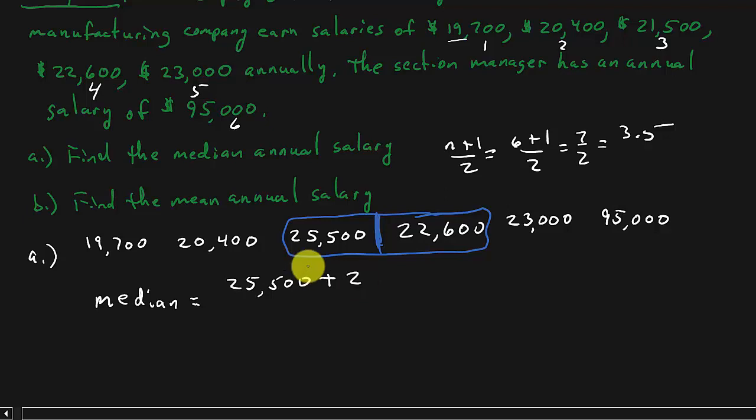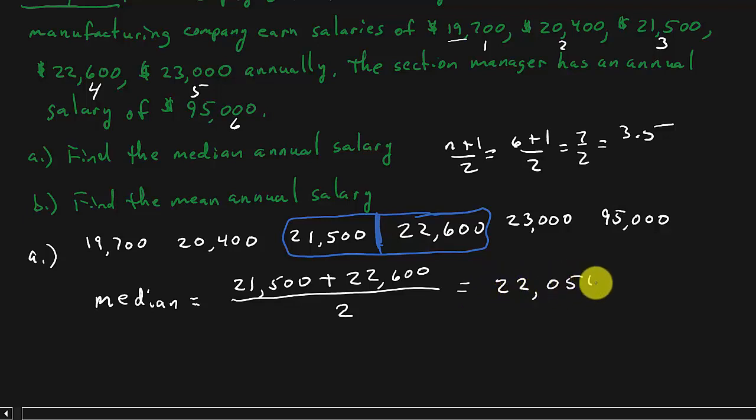Oh, I'm sorry. This right here should be 21,500. I don't know why I wrote a 5. 21,500 plus 22,600 divided by 2. And then when I average those out, that's going to be $22,050. And so that is your median.